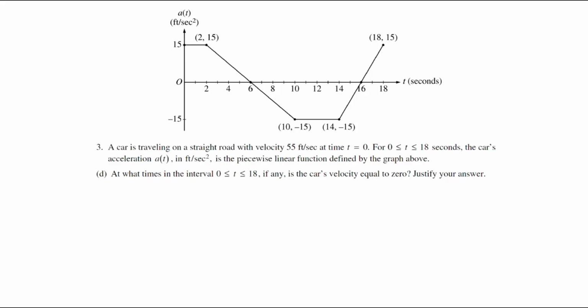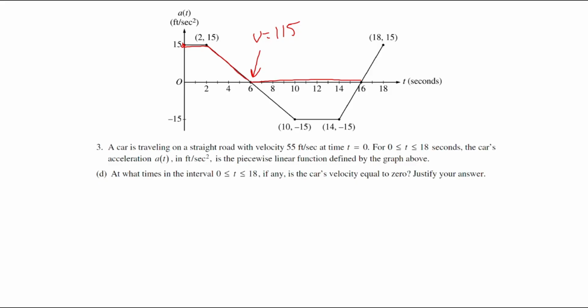And here in part D, we want to know at what times in the interval is the velocity equal to 0. Well, it could only equal 0 after we've increased to this maximum, because we started at 55 here at t equals 0, and we increased, and right here our velocity was 115. So first thing we'll check is just what happens between 6 and 16.